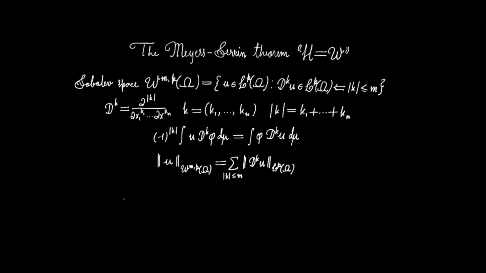So in the time that Meyers and Serrin were writing in the 60s, in the theory of partial differential equations, analysts would deal with so-called H-spaces, which were defined as the closure of the space of smooth functions with respect to the Sobolev norm.